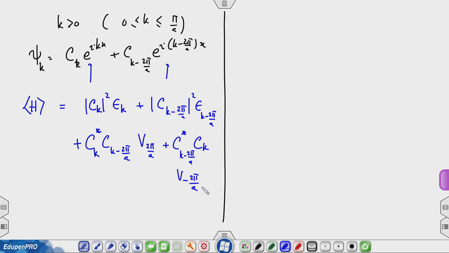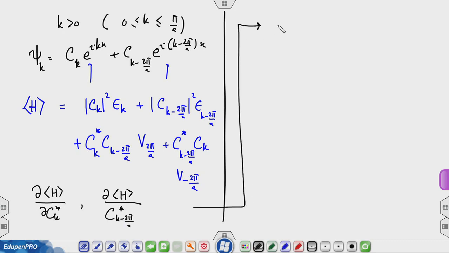That is the expectation value of the Hamiltonian. You can check that this is real. And what I will do is I will minimize this with respect to c_k star, minimize this with respect to c_(k minus 2 pi by a) star to find the values of the c's, with the condition that the norm of psi be equal to 1. Okay, so, this is minimization with a condition.